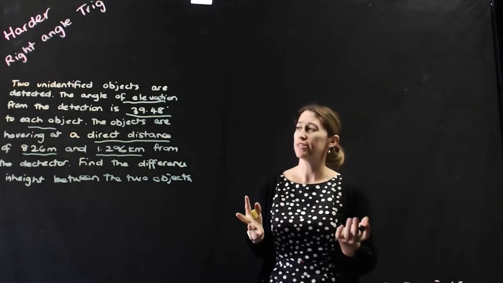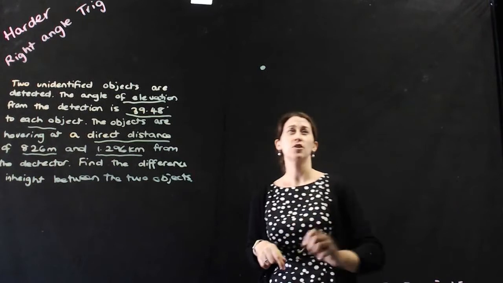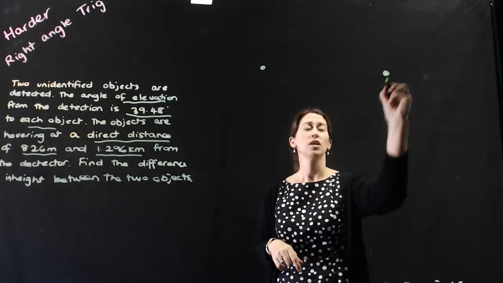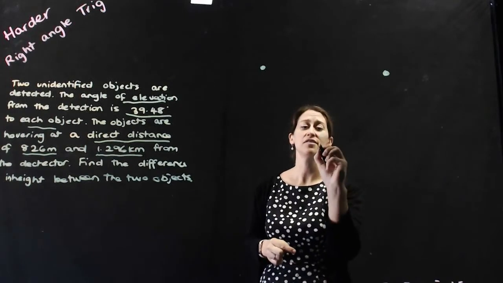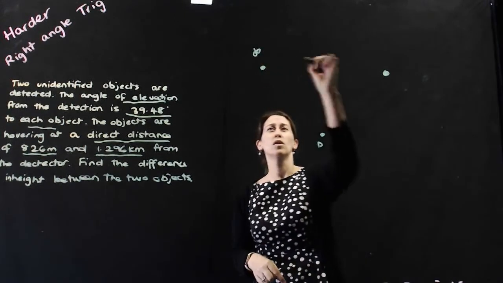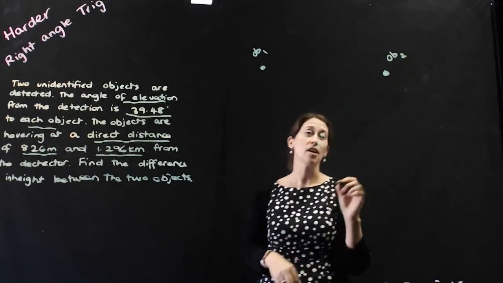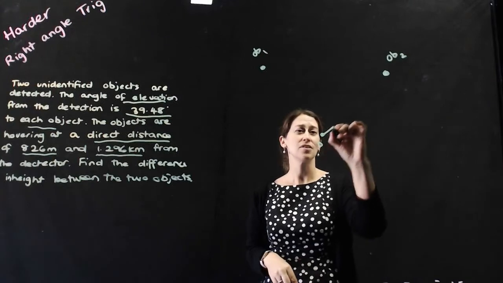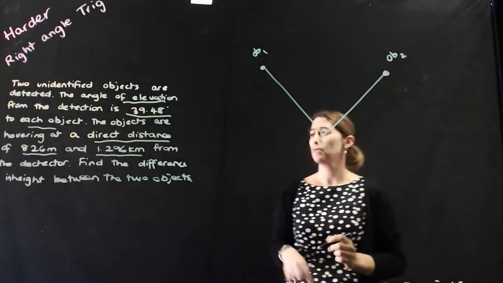So we need to draw a diagram of our problem. We have two unidentified objects, this one and this one will do, and they are at direct distance from a detector. So here's the detector here, and here's object 1 and object 2. Now we've got a direct distance, so direct distance there, direct distance there.